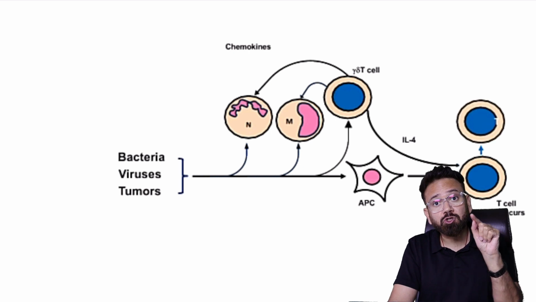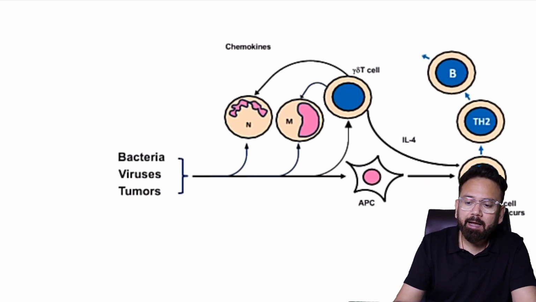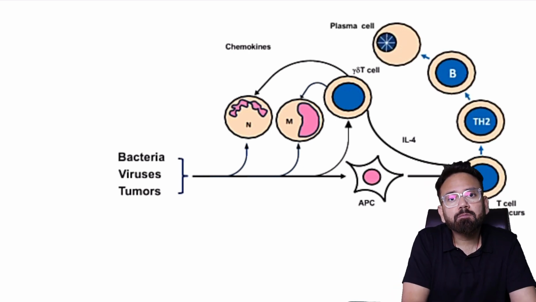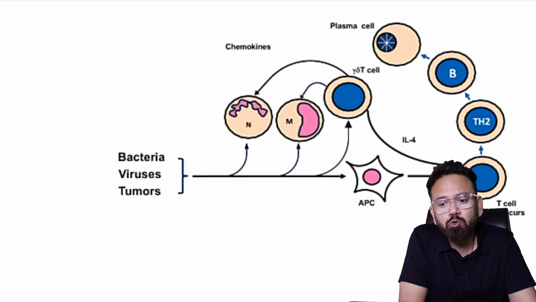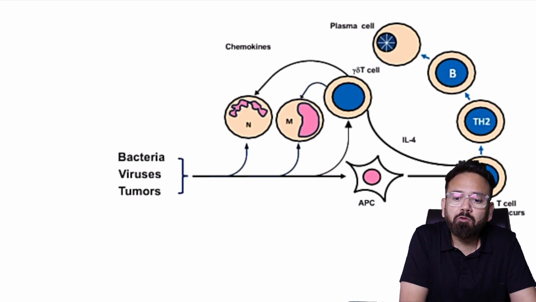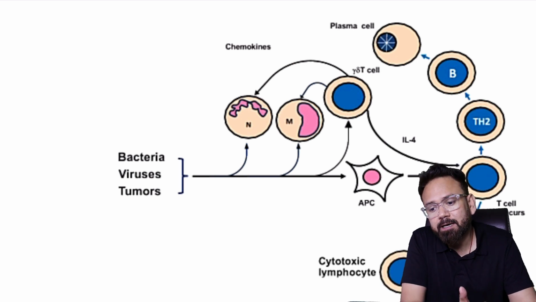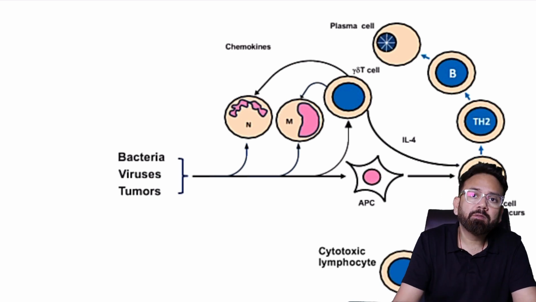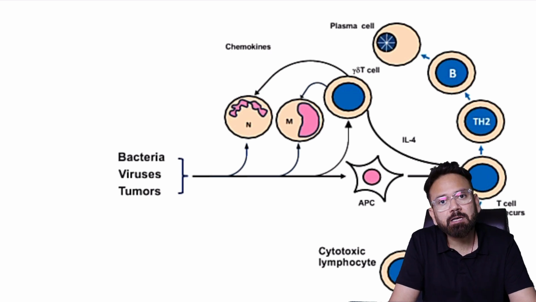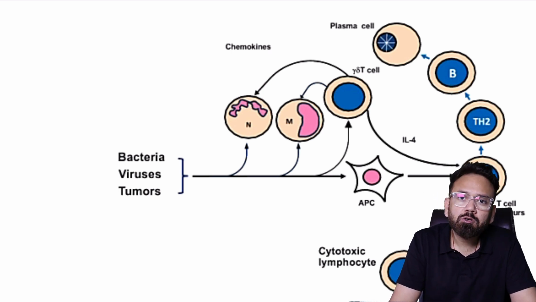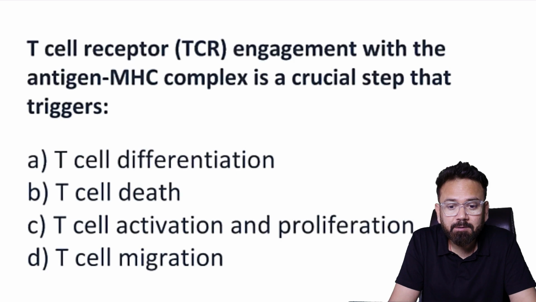They will first stimulate T lymphocyte, and if they stimulate Th2, they will stimulate B cell to form plasma cell, and plasma cell will form antibody. On the other hand, if they activate Th1, they form cytotoxic lymphocyte, and they are going to engulf the antigen.